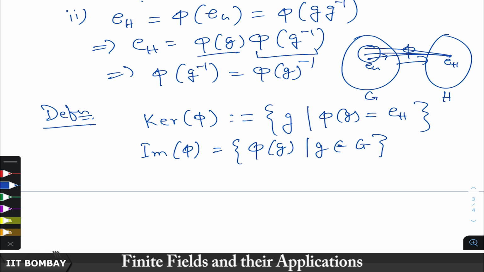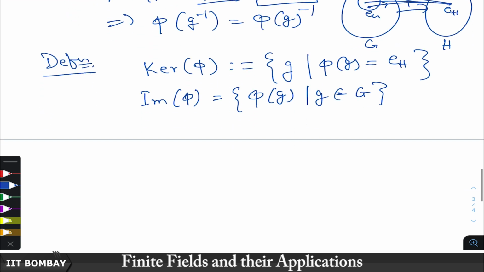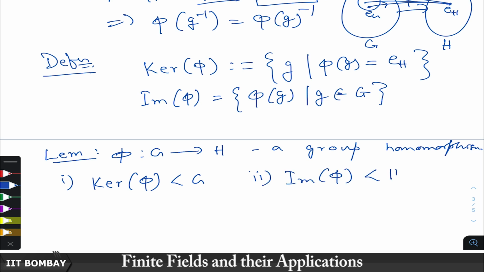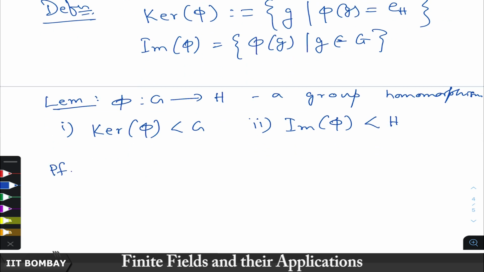Now, we show another important result, that if phi is a group homomorphism, then the kernel of phi is a subgroup of G and the image of phi is a subgroup of H. So, let us prove this.